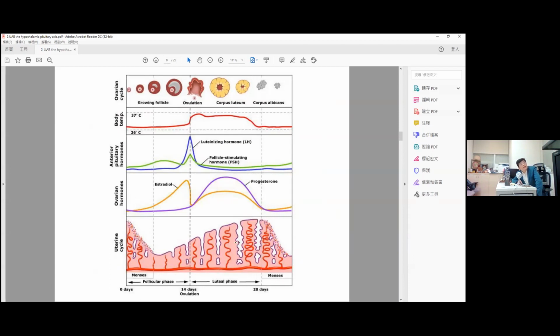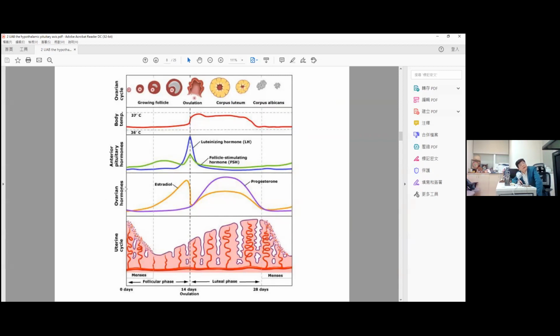And here, this is the uterine endometrium. The endometrium, from menstruation, is very thick, then disappears and starts from the basic level around 5 millimeters. Then it will go up day by day up to 2 centimeters. If there is no embryo implant, it will lose the progesterone support and shed again. There's another menstruation. This is the uterine cycle.